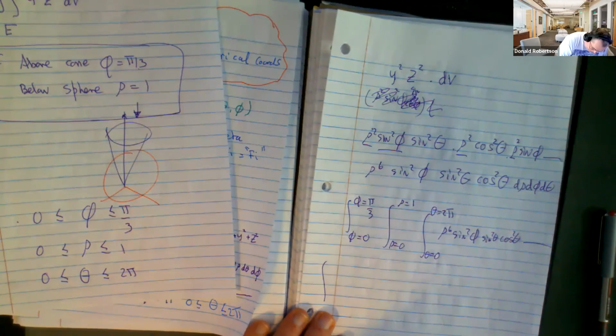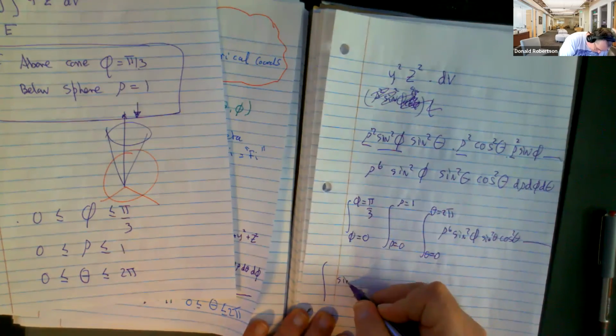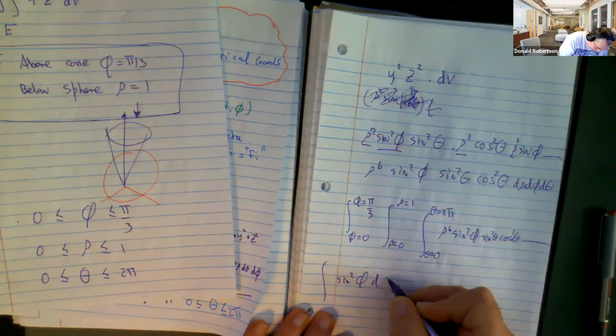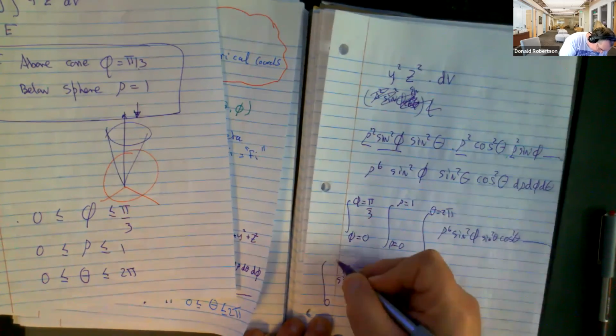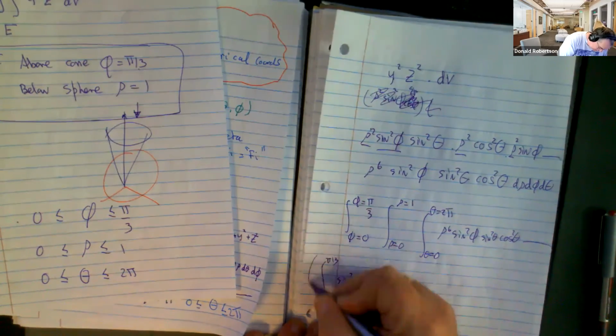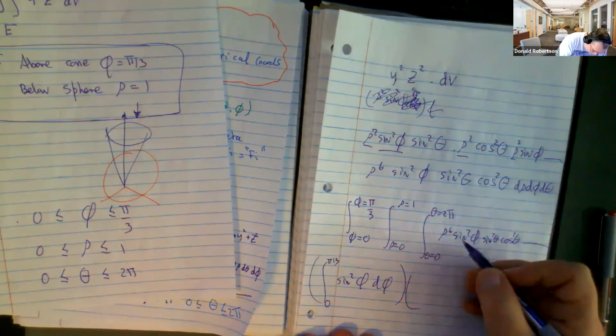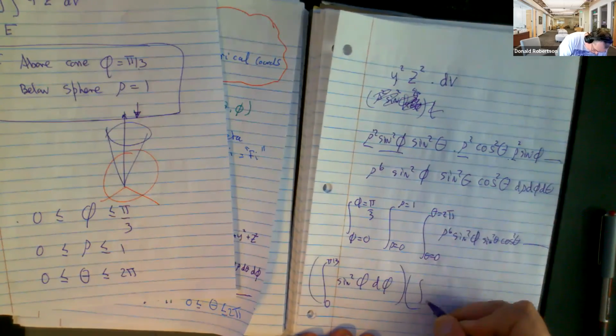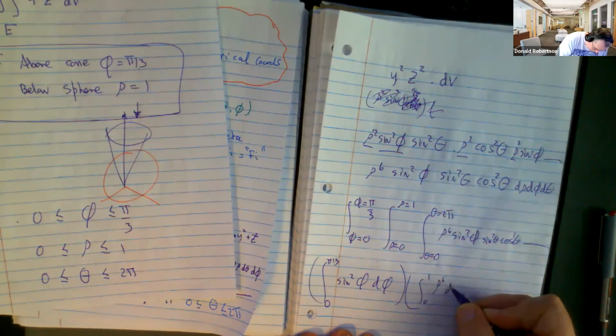Let's split them up. That's going to go from 0 to pi upon 3. The rho is going to go from 0 to 1, rho to the 6.